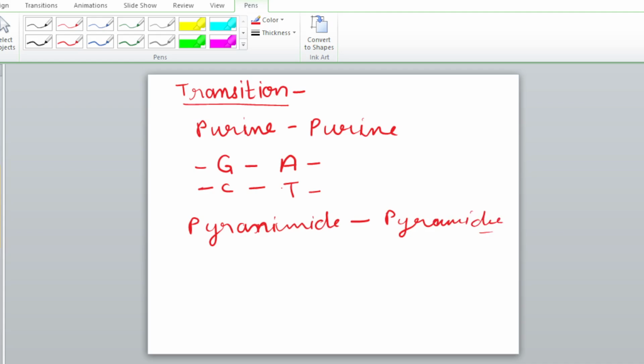There are four possibilities of transition.